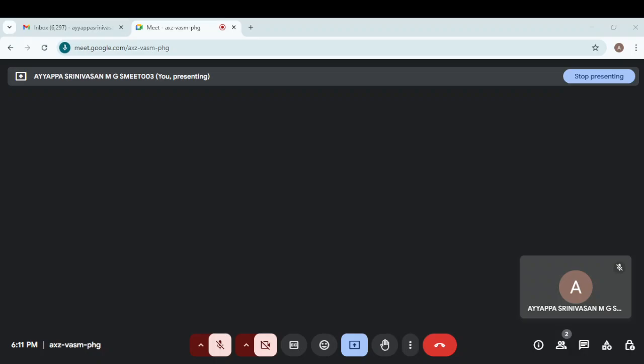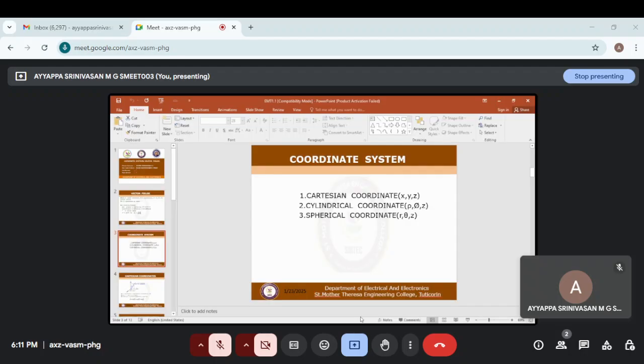So we come to the main picture now. The main picture is the coordinate system. There are three coordinate systems, mathematically as well as physically: Cartesian, cylindrical, and spherical. Wherever we go, we can easily find the Cartesian coordinate in our house or classroom, which has three coordinates: x, y, and the vertical one, z.